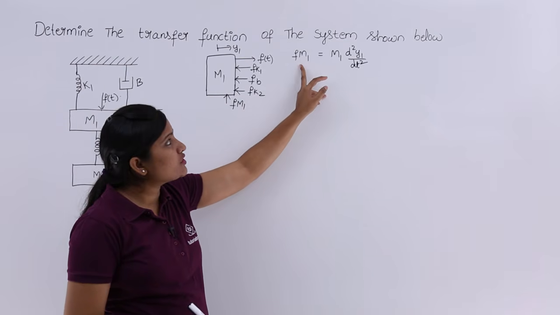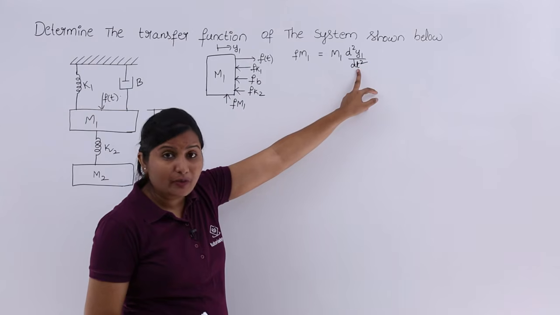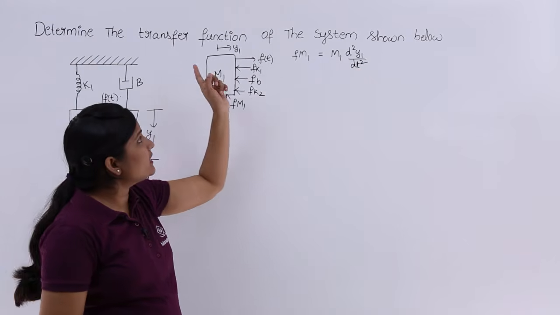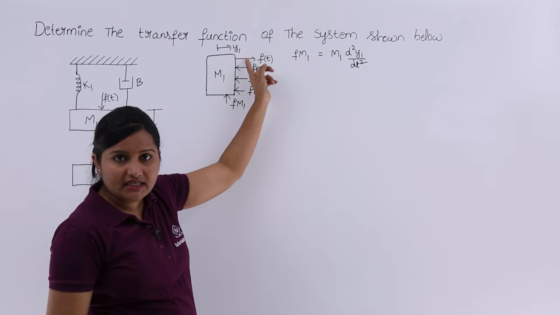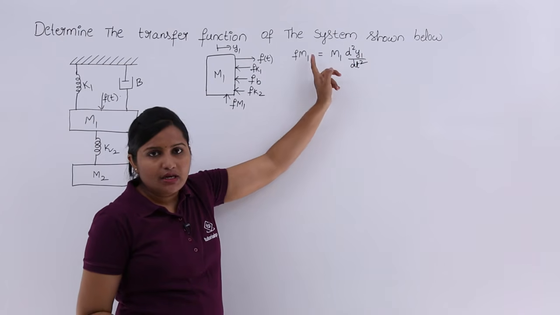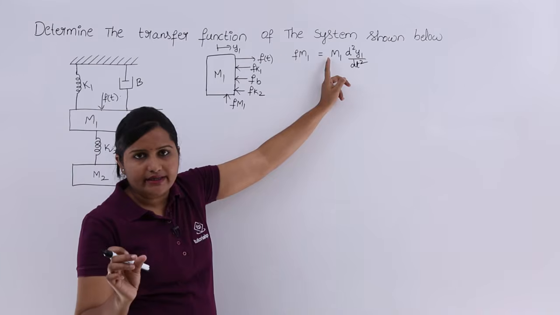What is the force due to mass? It is proportional to acceleration. Acceleration is the second derivative of displacement, d squared by dt squared. Here the displacement is y1, and the proportionality constant is the mass element constant m1.